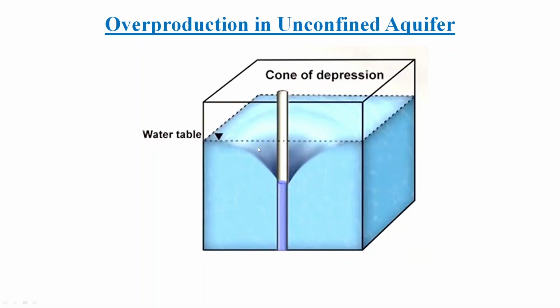It will flow towards the well, because always you are discharging the well. So, once you stop discharging the well, again the water will flow towards the well, and this cone will vanish once you are not discharging any water from that well for a long period of time. This is how your cone of depression forms.